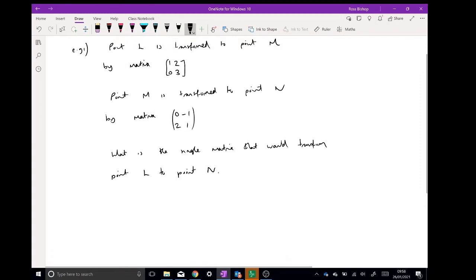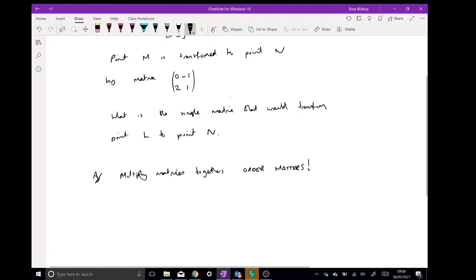Okay, now you can just multiply the matrices together, but order matters. The order, how you multiply them is very, very important. So the order matters, and it's the last transformation goes first.